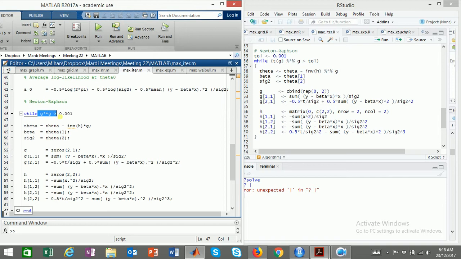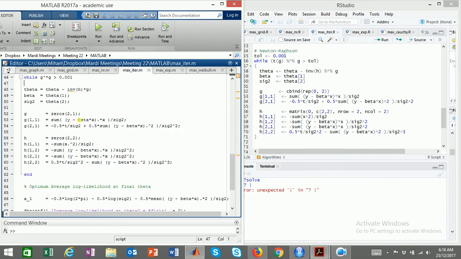The iteration will continue until the tolerance of 0.001 is reached, that is, until the gradient and its inverse are within 0.001. Very simple.